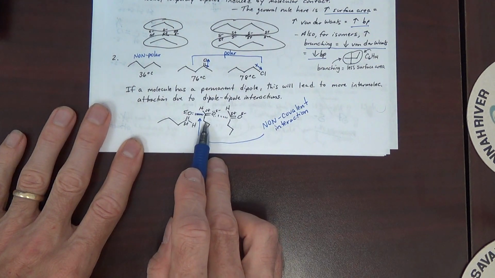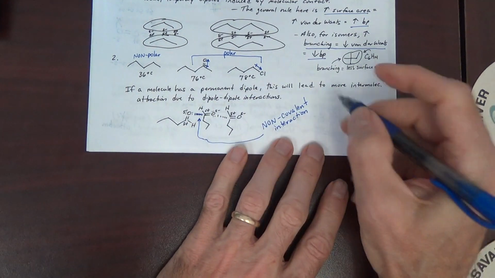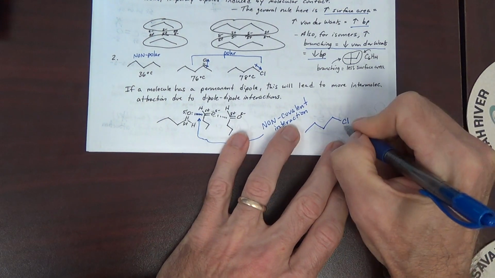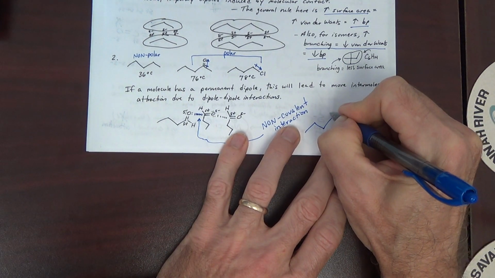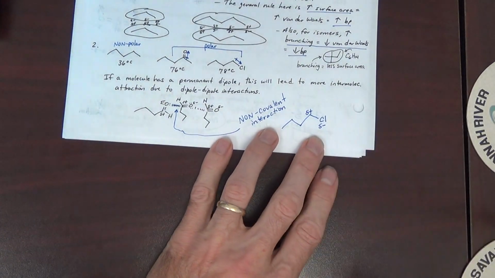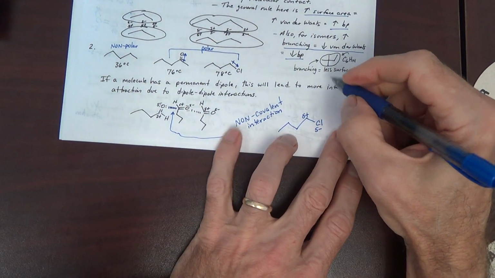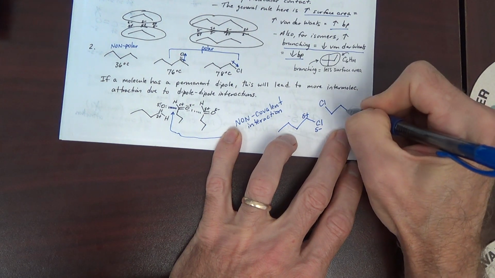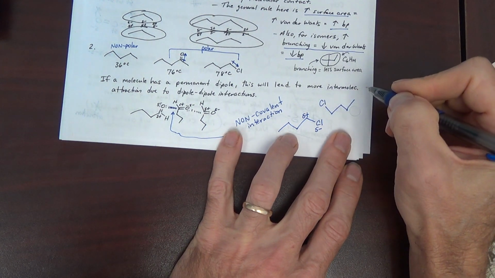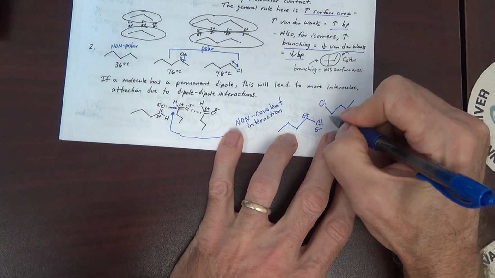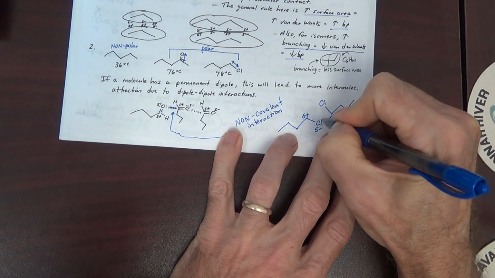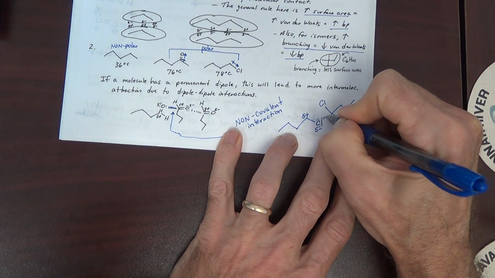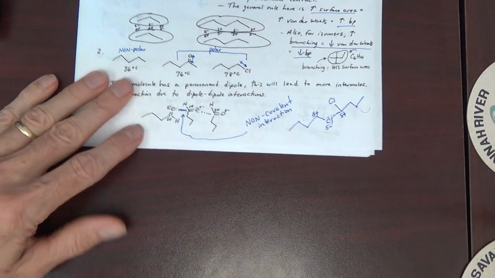And such is possible for both of these compounds. I mean, over here we could draw the chlorine is partial negative, the carbon is partial plus, and we could draw a non-covalent interaction between the chlorine and the carbon.